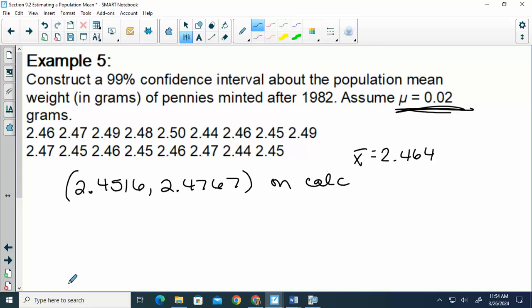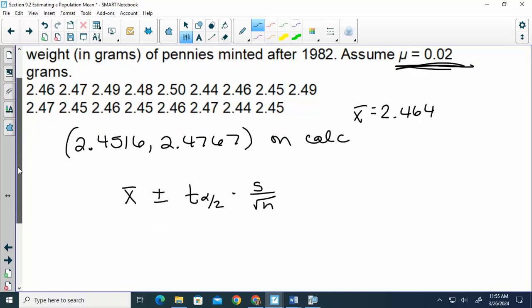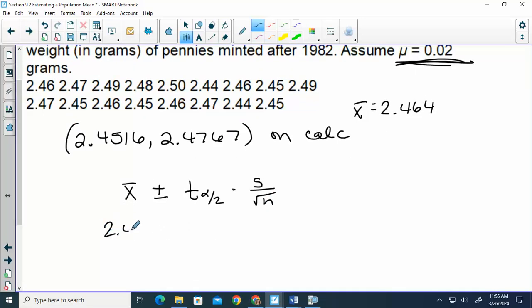If I were going to do this by hand, the formula is x bar plus or minus what? Times. Okay. So we got our x bar. Okay, t alpha over 2.